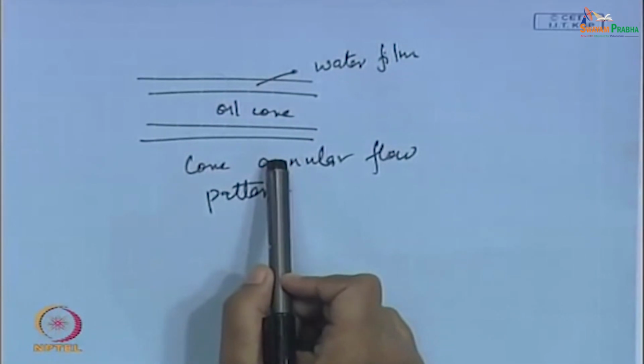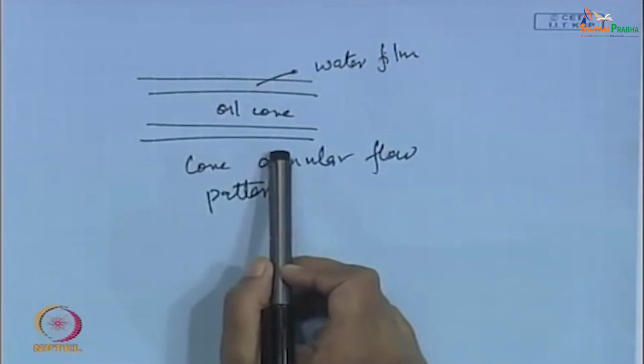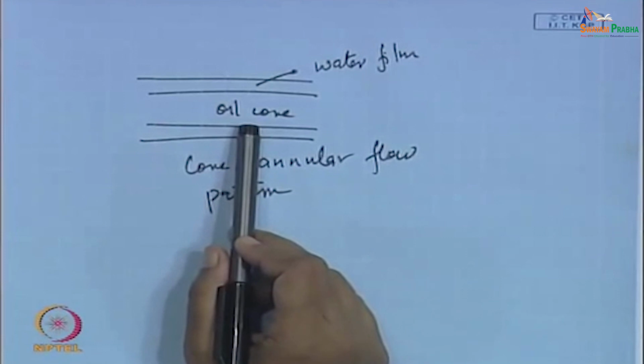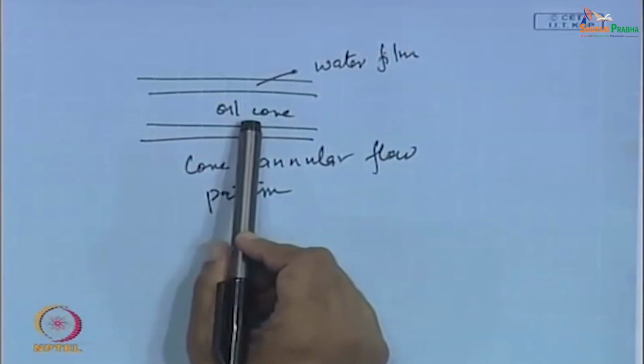And interestingly, you would also be interested to know that we find that the tendency of formation of the core annular flow pattern increases with viscosity of the oil. That means, the more viscous the oil is, the more it has a tendency to stay in the core annular flow pattern, which is an extremely fortunate situation.